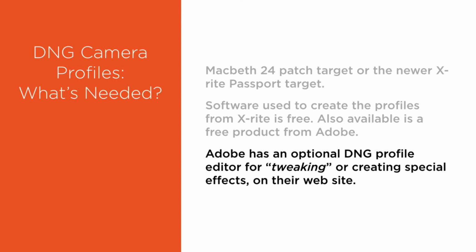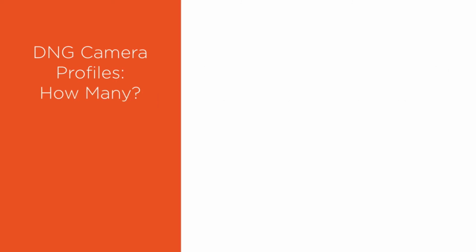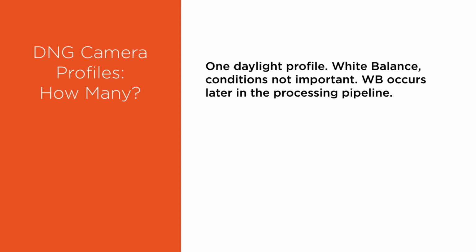It's a bit geeky. We don't have time to go into it, but it's something that you may be interested in looking at. How many of these profiles do you really need? Well, surprisingly, not too many. What you're doing is you're profiling your specific sensor to how it behaves under an illuminant, like daylight or tungsten. And while Adobe did this for you, everybody's sensor is slightly different.